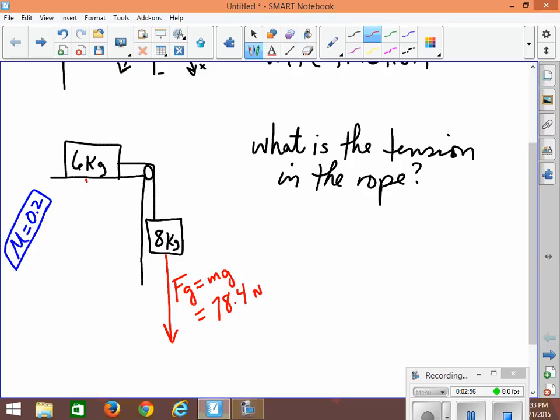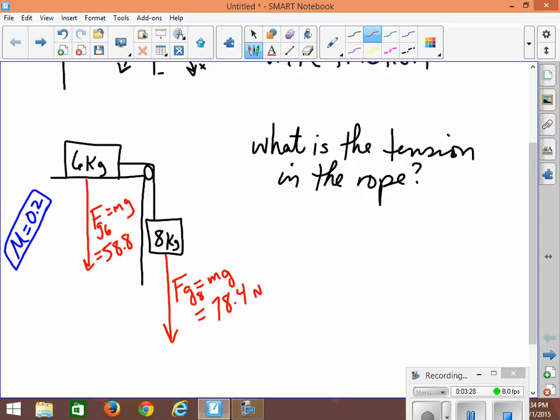Of course, gravity also pulls on the 6 kilogram block. I think we use subscripts Fg8 and Fg6 to keep track of these different gravity forces, because they're not all the same, and we wanted to make sure that we didn't confuse them. So Fg6 is mg, which would be 6 times 9.8, which is 58.8 newtons.